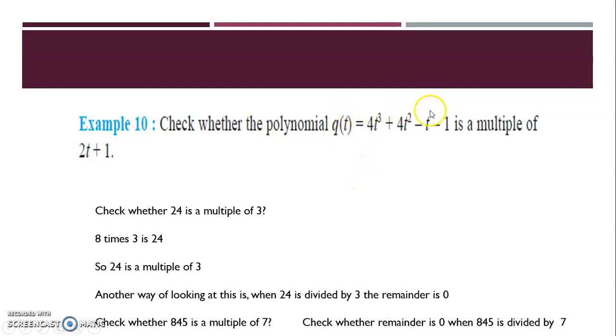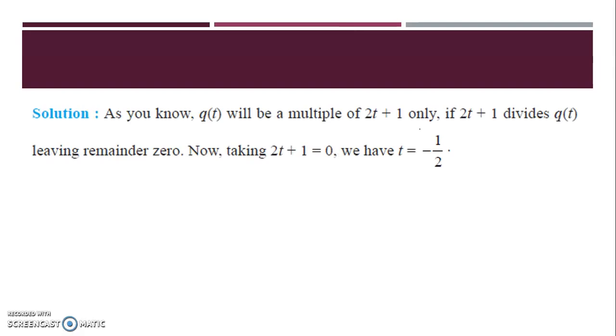One way is the long division method, but we know that will take so much time. So we can use the remainder theorem. q of t will be a multiple of 2t plus 1 only if 2t plus 1 divides q of t, leaving a remainder 0.